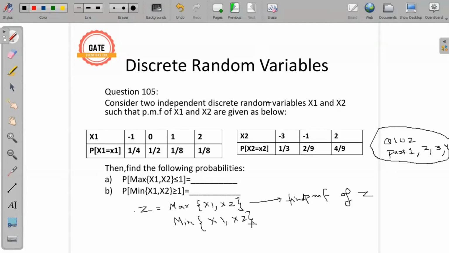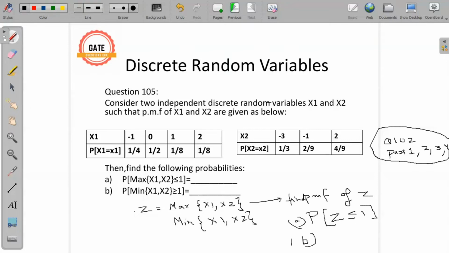After finding the PMF of Z, problem A reduces to the probability that Z is less than or equal to 1, so you sum up all the non-zero probabilities for which Z is less than or equal to 1.